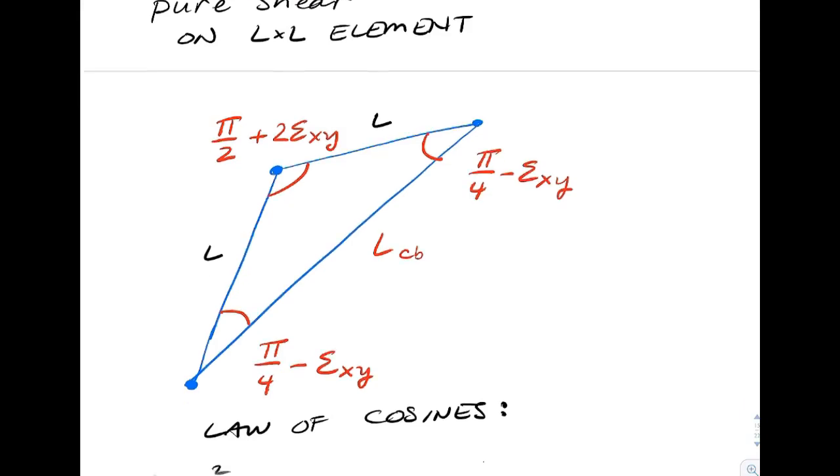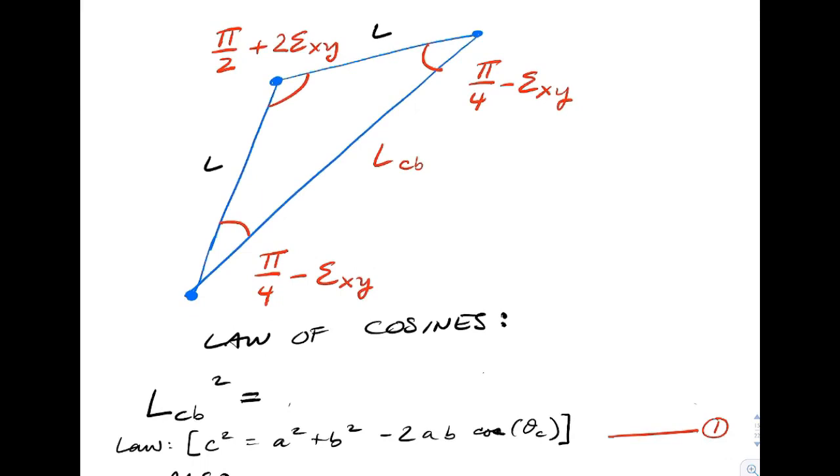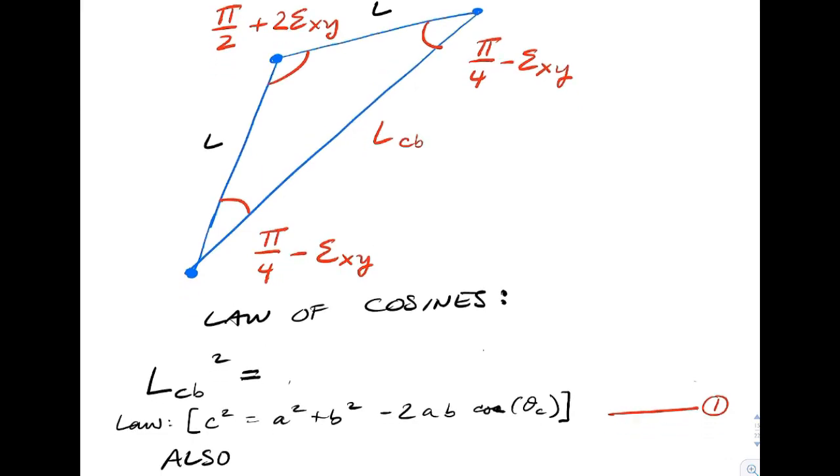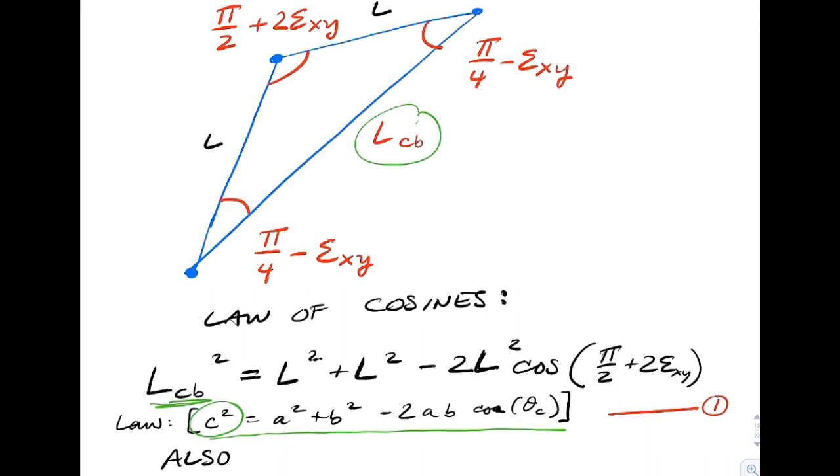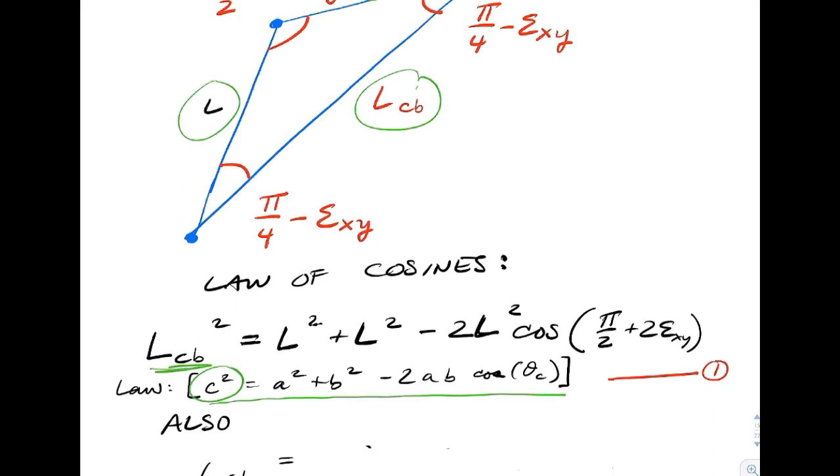And so we're going to use the law of cosines, which is given to you right here. Side C is going to be LCB. So if we write out the equation, we've got a squared plus b squared minus 2ab times the cosine of the angle. And so that's going to give us equation 1.